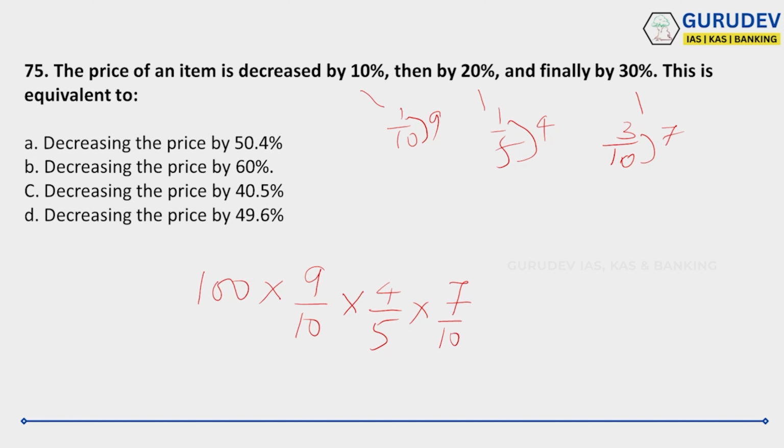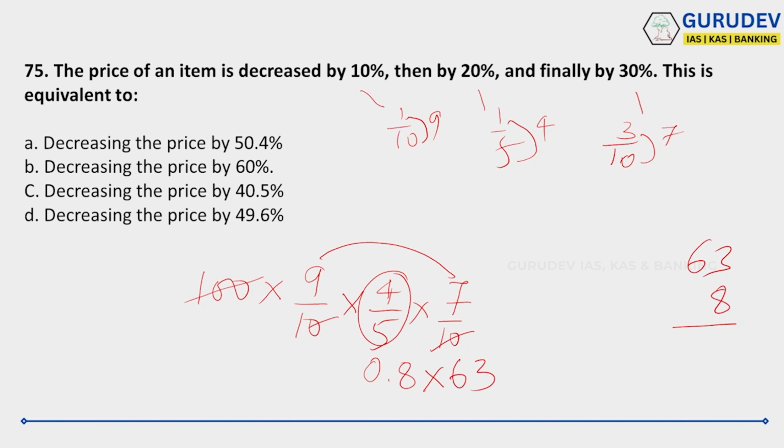So if you cancel this one, this is 10 10 times 100. So this 100 gets cancelled. What is 4 by 5, my dear aspirants? It is nothing but 0.8. So what is 9 times 7? 9 times 7 is nothing but 63. If you multiply 63 by 8, don't bother about the 0.8, okay?